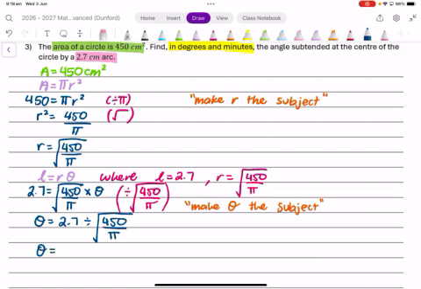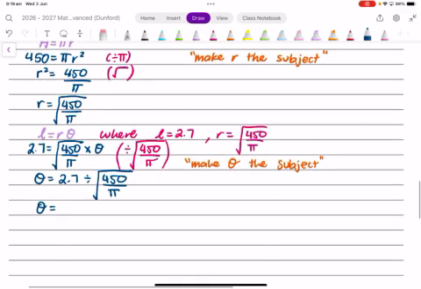Now, this is where we put it into our calculator. So we put 2.7 divided by the square root of 450 over pi into our calculator. And what we get is that theta is 0.225596547. And that is in terms of radians. Did the question ask for radians? No, it asks for degrees.